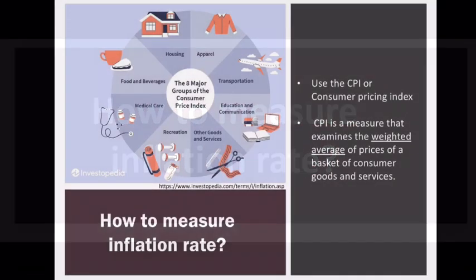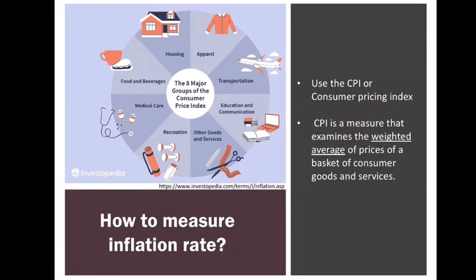The most common way to measure the inflation rate is to use the CPI, or Consumer Price Index. CPI is a measure that examines the weighted average of prices of a basket of consumer goods and services.